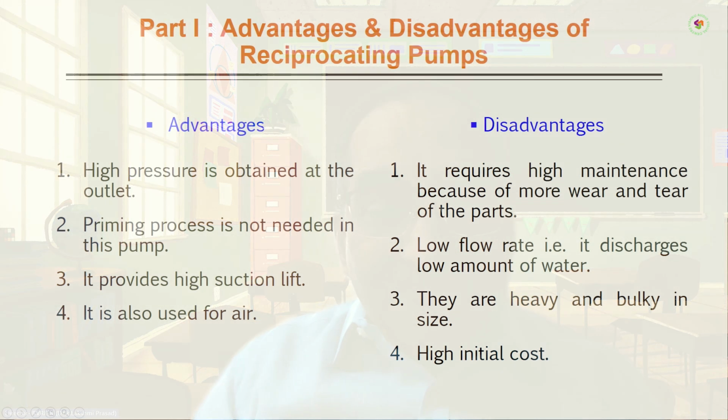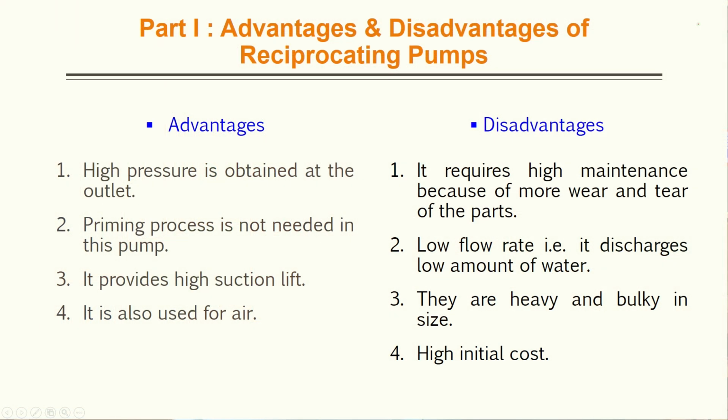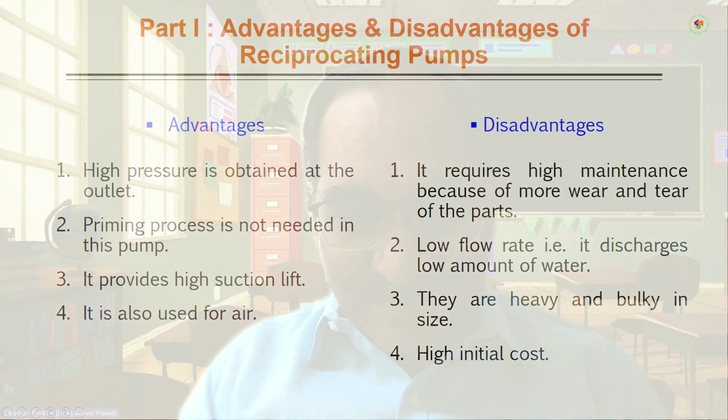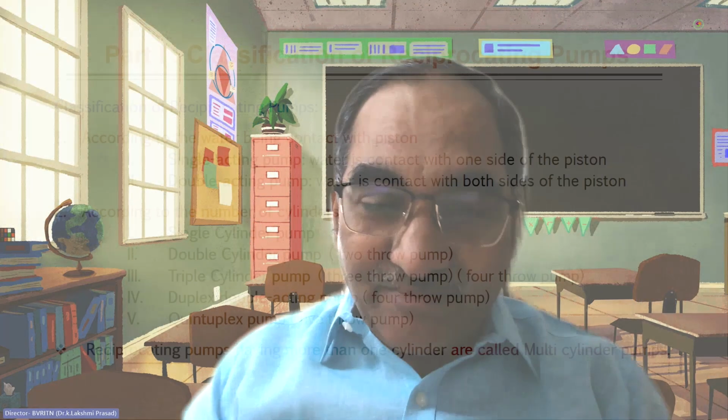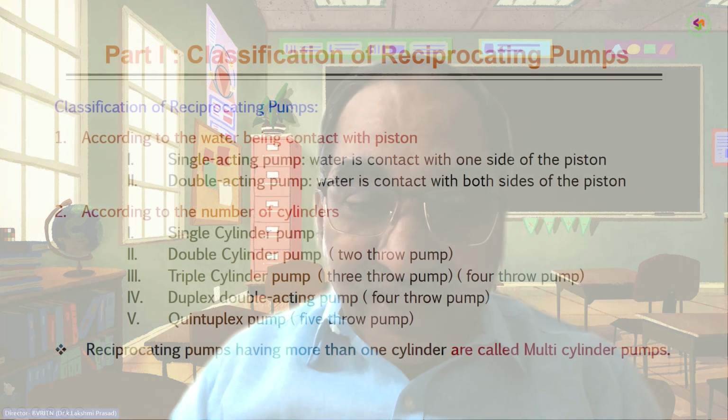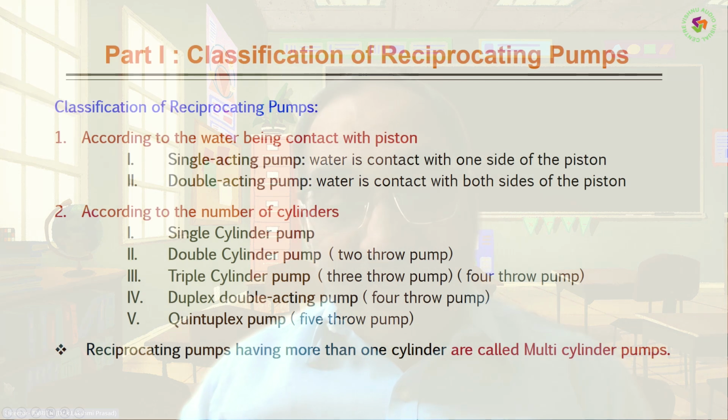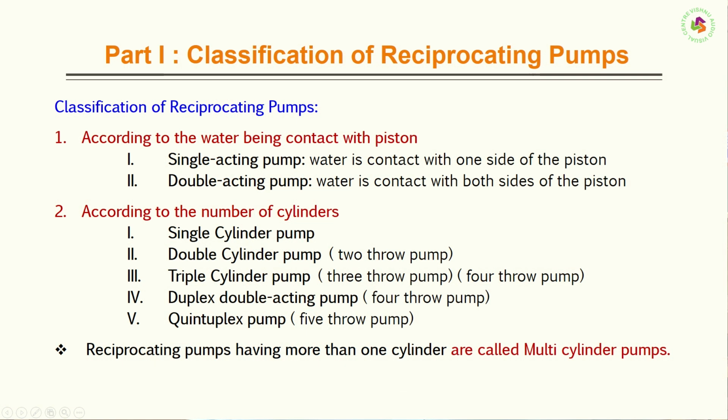The example for the rotodynamic pump is the centrifugal pump. We started with the rotodynamic pumps, that is centrifugal pump. We explained the principle, the components, the work done, efficiencies, and all the related items.